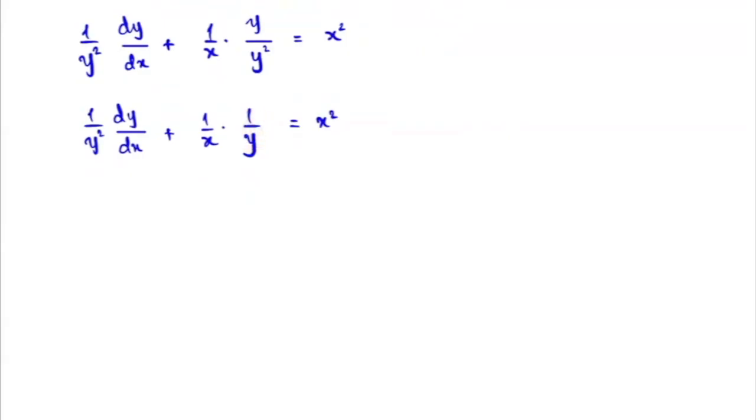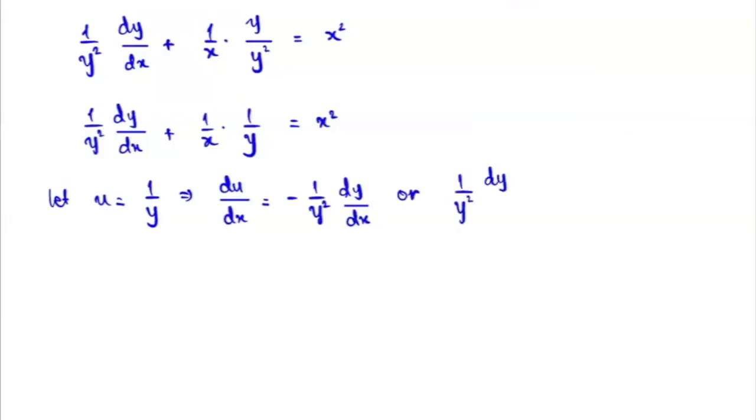So substitute: let u equal to 1 over y. Therefore du/dx is going to be negative 1 over y squared dy/dx, or 1 over y squared dy/dx is equal to negative du/dx.